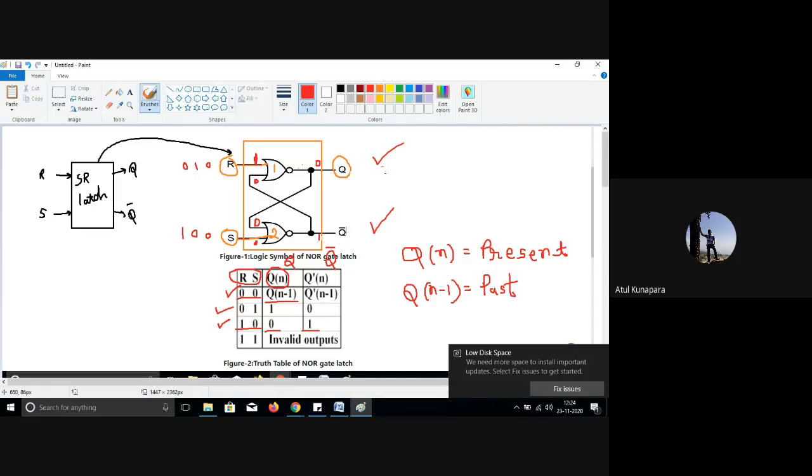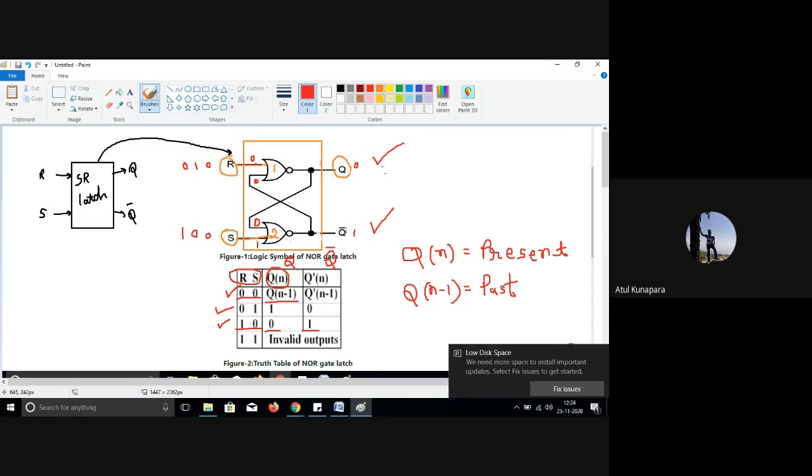So I'm having Q equal to logic 0 and Q bar equal to logic 1. That is the prior condition I have. So in that case, what will happen now? You can see that this 0 which you are giving at the input of R will come here. So your R here is going to be 0, and you are giving S equal to 1.